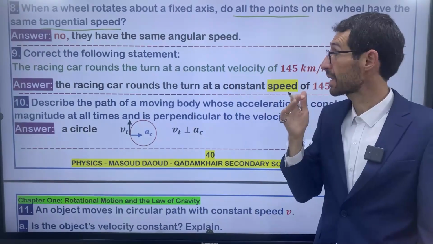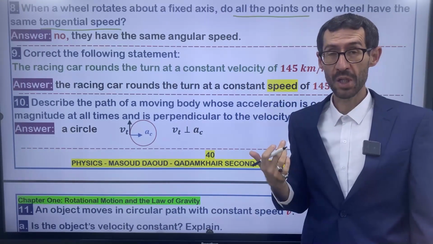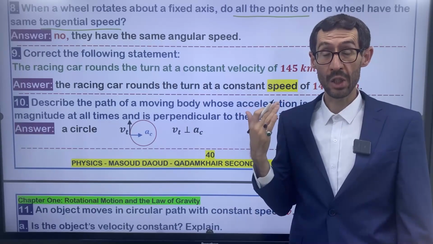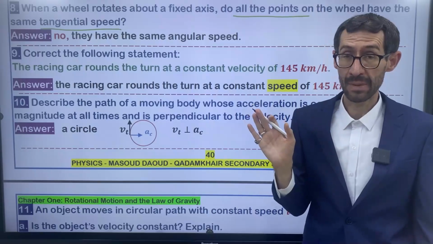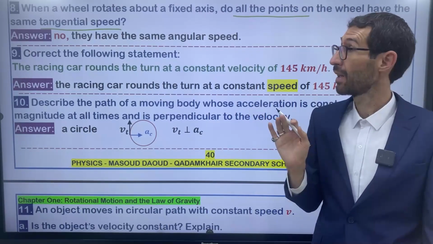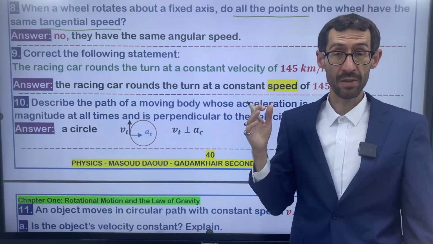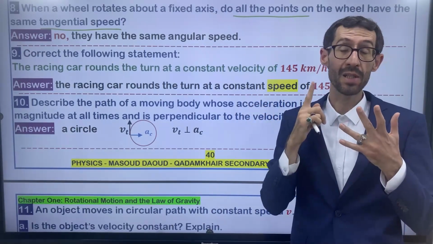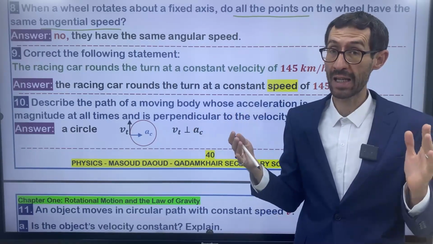Do tangential quantities remain constant? It doesn't make sense, right? Because tangential quantities, like tangential speed and tangential acceleration, depend on the radius of the circular track.